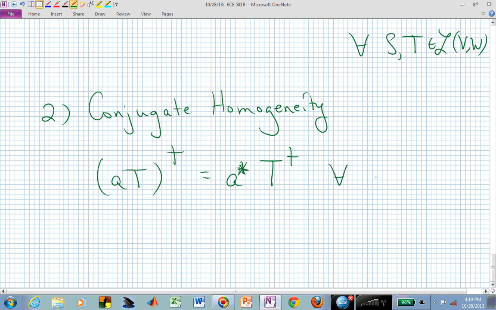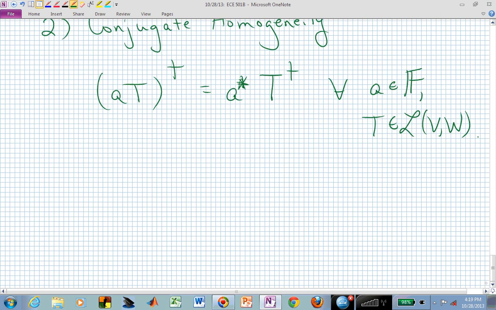And that's for all A in our field of numbers and T in our collection of maps.